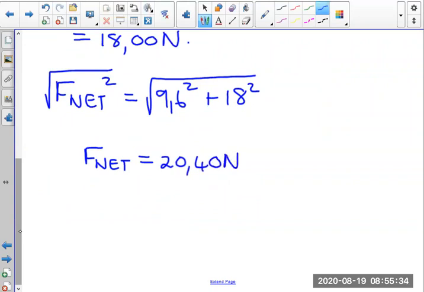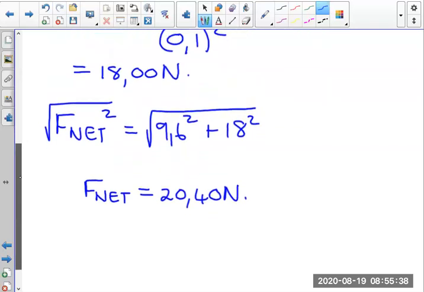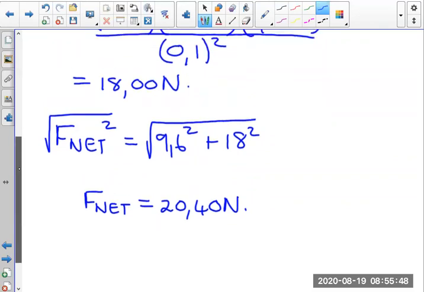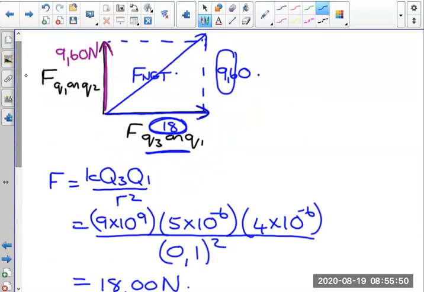So your answer is 20.40 newtons. Okay, but they wanted us to work out the force. They didn't say the magnitude of the force. So it means that we still have to work out direction. So if we want to work out direction, we're going to work it out for this angle. Can you see? Always the angle with the x-axis.